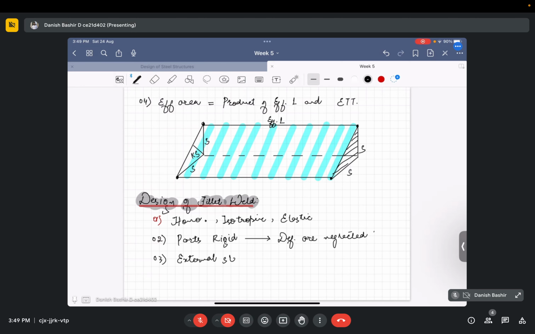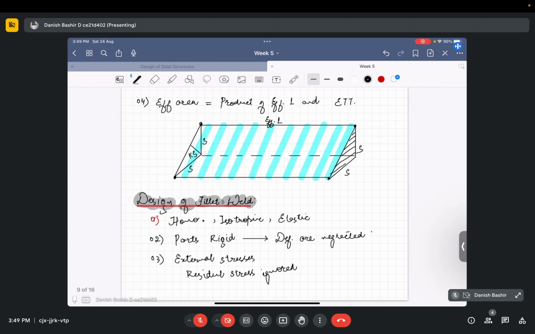What I mean is the stresses induced by the external loads only, and those only have to be taken into consideration. Internal stresses and residual stresses are to be ignored in the analysis.